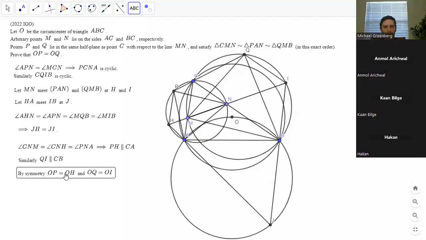And then now we want to show that this is cyclic. So let's think about this. Probably just by showing the angles add up to 180, right? Because angle AOB is twice angle ACB. And then, yeah, it's an angle chase.